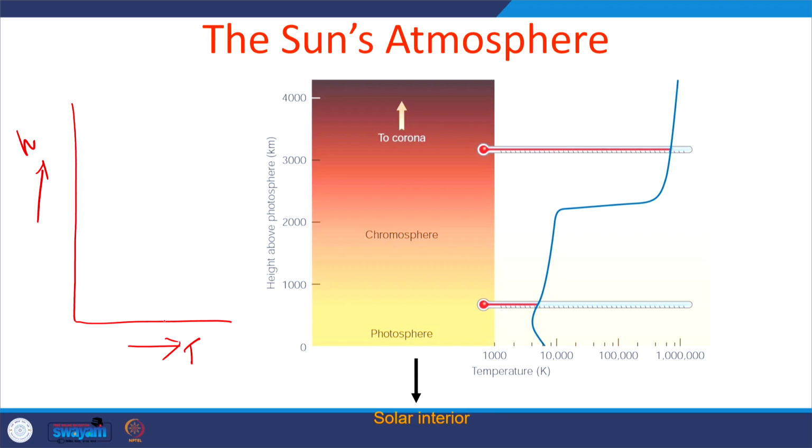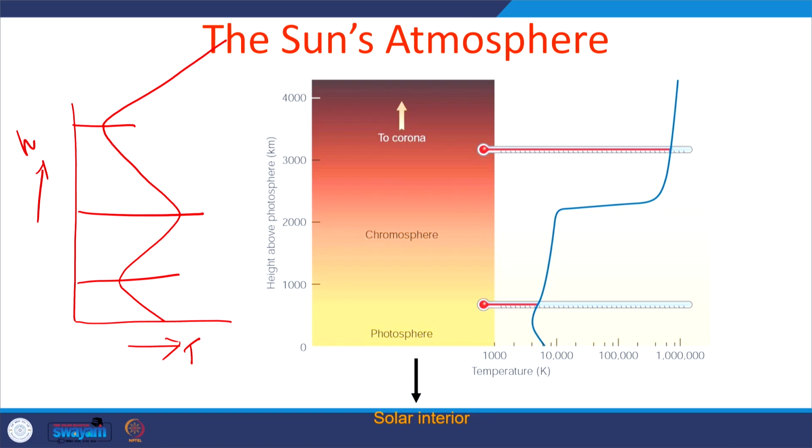Okay. So, temperature initially decreases and then increases and then decreases and increases. This is a zigzag way in which we know that these regions are identified as troposphere, stratosphere, mesosphere, and thermosphere. Right.